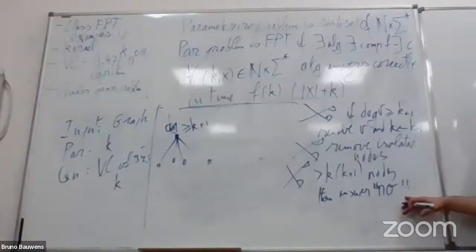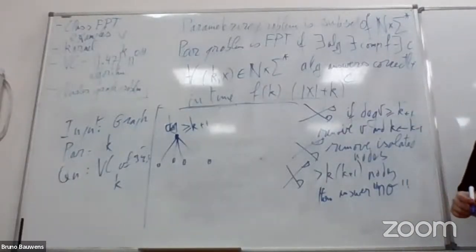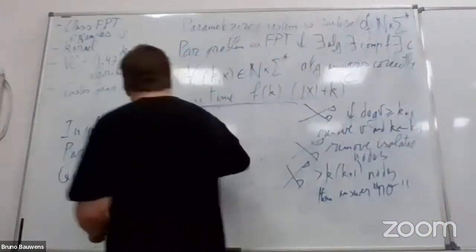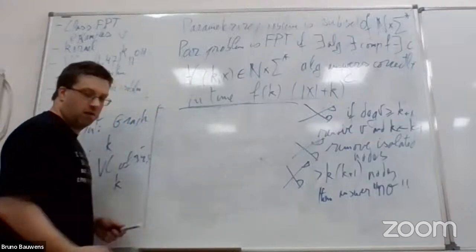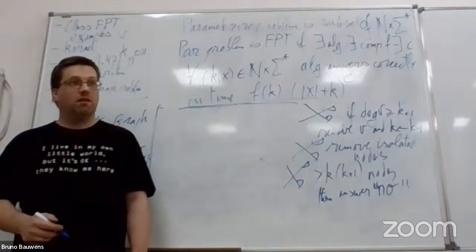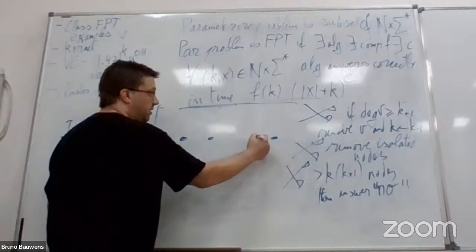So why is this happening? Because every node has degree at most k, the maximum number of edges that can be covered using k nodes is k times k. So let's look at the vertex cover, exactly like you say.